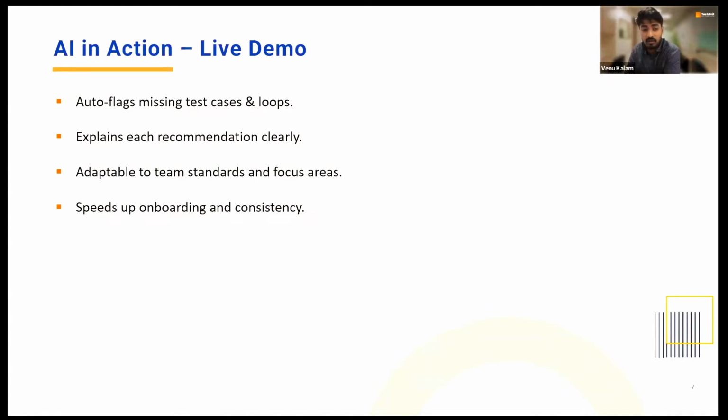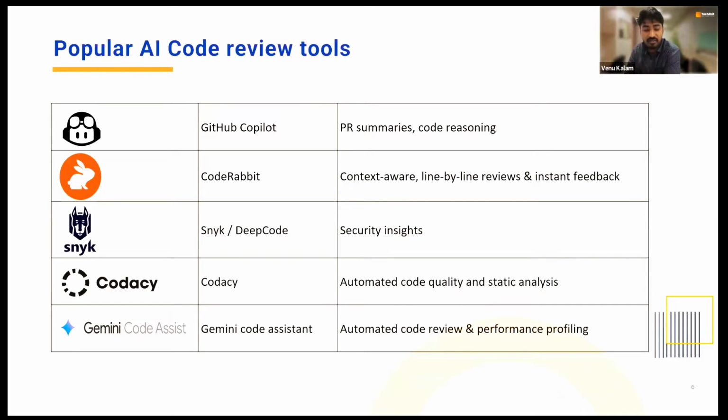Right. Out of all these, my personal favorite is Gemini. I think Gemini has a very good stack lined up on their platform. So that's been my daily driver. But I think the best tool also depends on your team's goals and the kind of workflows you're configuring for, right?